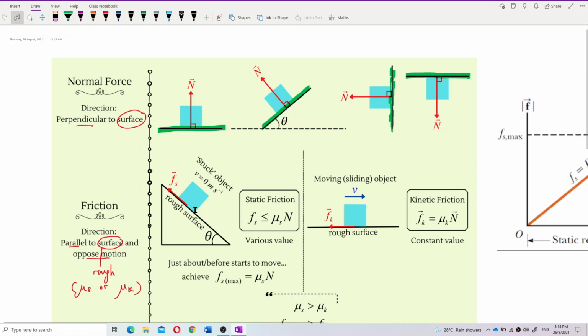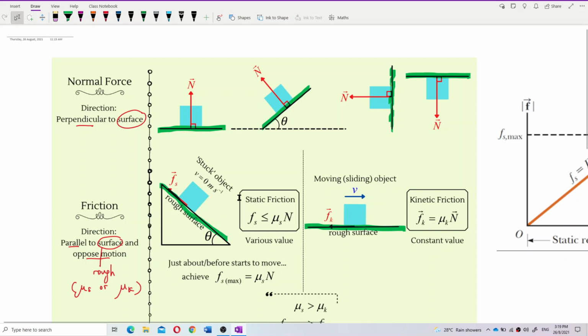So whenever you have a surface in contact like this, probably it will have two kinds of forces. One is the normal force, and another one is the frictional force. Pay attention to this.